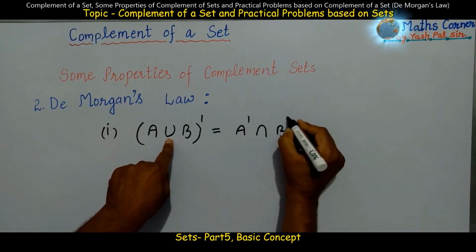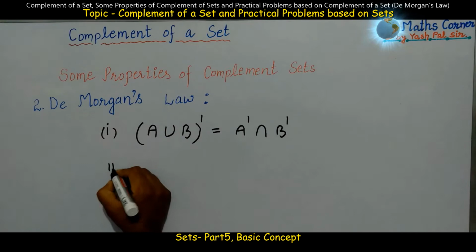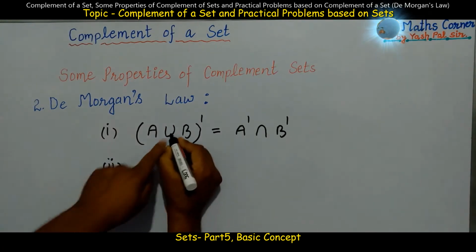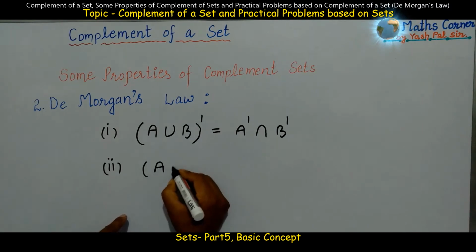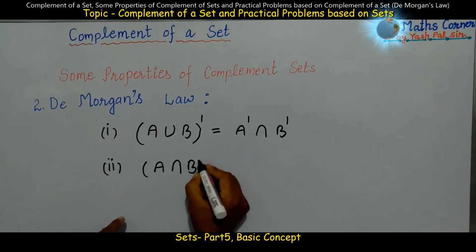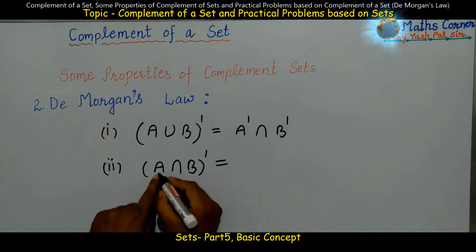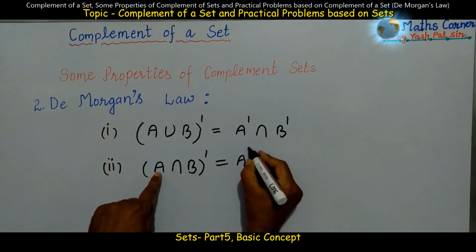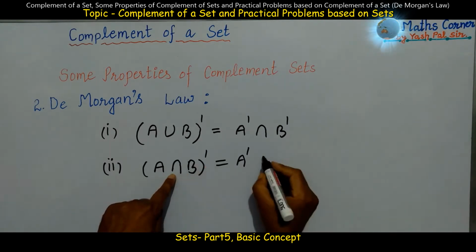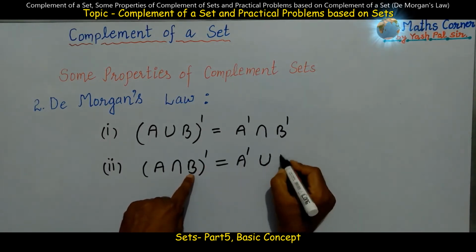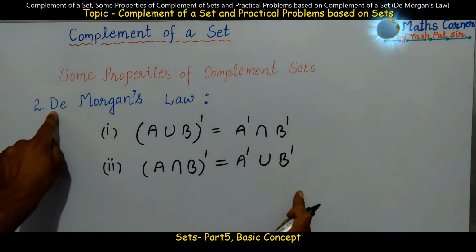And the second De Morgan's law: in place of union we write intersection, A intersection B whole complement, and the result is A complement, in place of intersection we write union, B complement. These two laws are called De Morgan's laws.